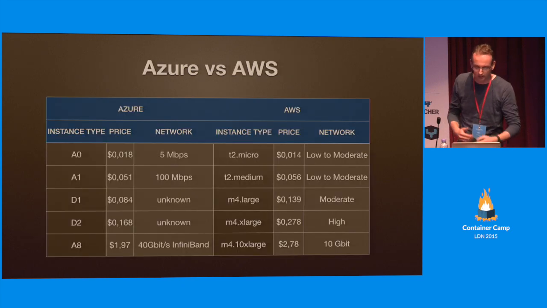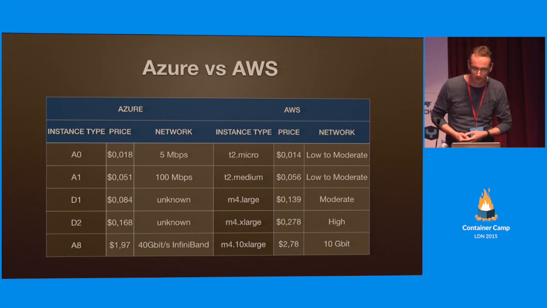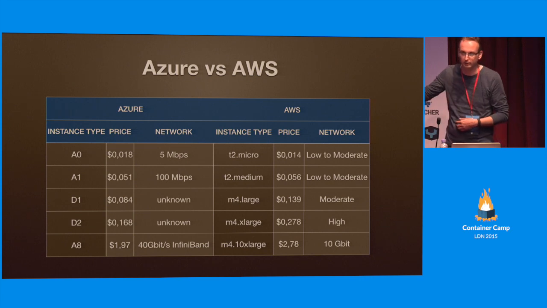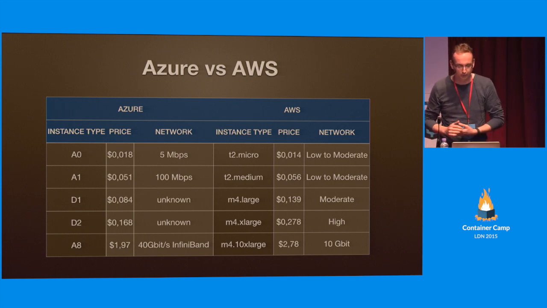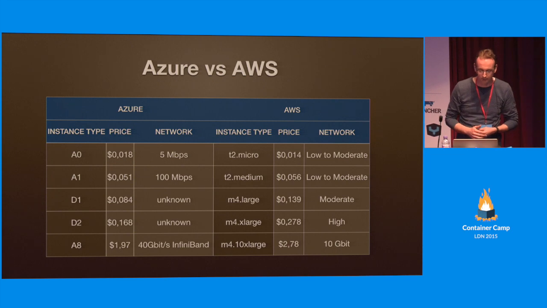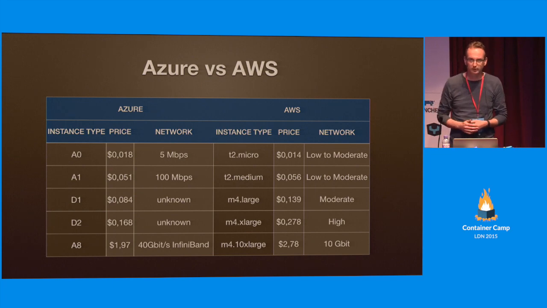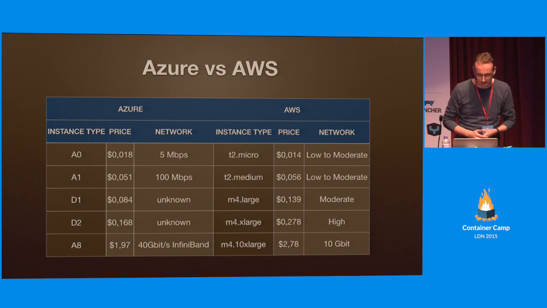Let's go over the virtual machines I tried to use in this performance test. I made a subset of the available virtual machines on Azure and AWS. Your choices are a lot wider than what's on this slide, but we tried to select a couple of the tiny instances. That's the A series 0 and 1 on Azure, and their counterparts, both in price and on paper on performance, are the T2 family micro and medium instances.